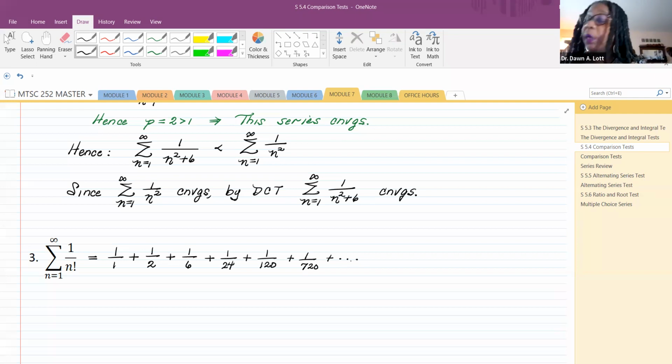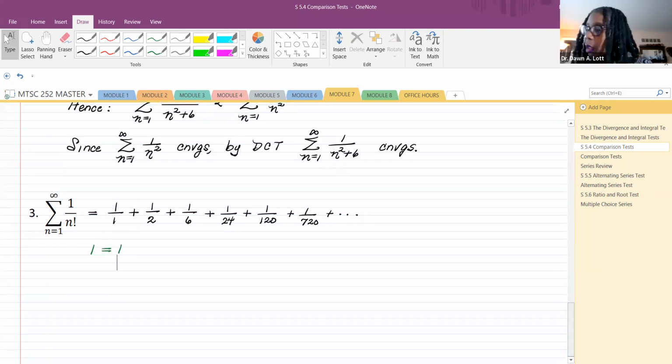So I'm going to compare this, a direct comparison, to a series that I know converges. So I want to use the fact that 1 is actually equal to 1. And 1/2 is actually equal to 1/2. So far I haven't done anything.